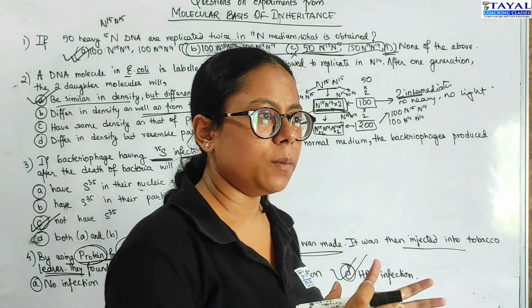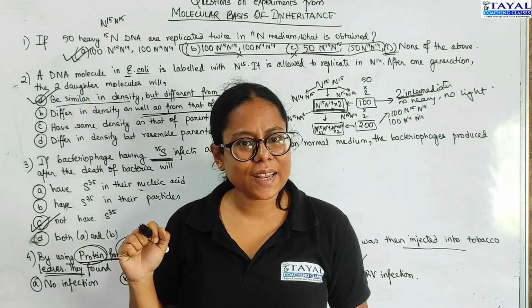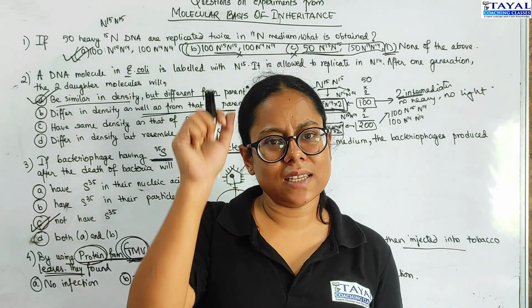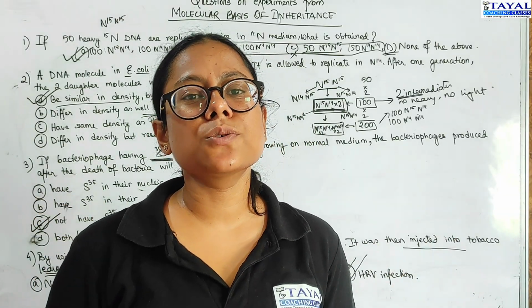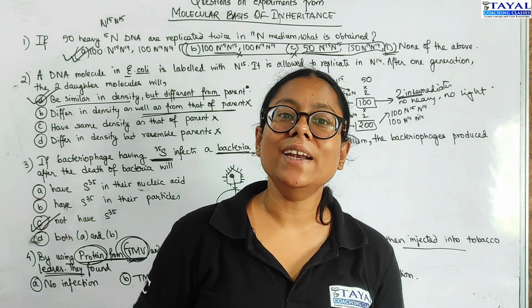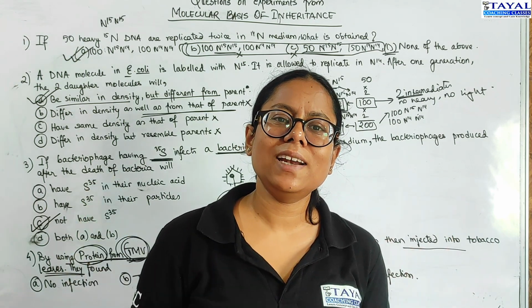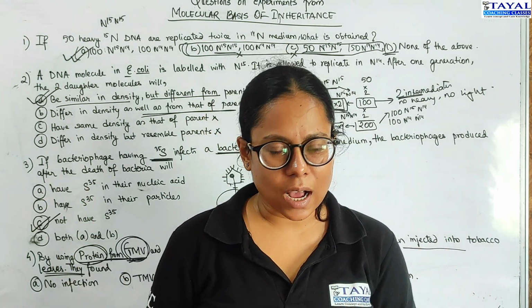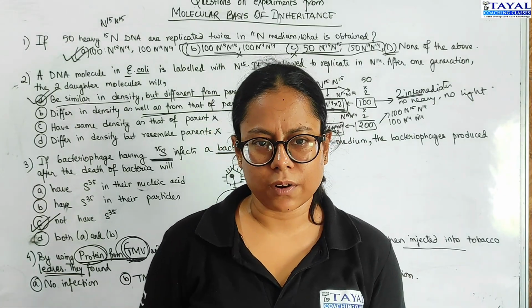So I understand it might be time consuming, so don't draw the DNA bands, but at least draw the predicted DNA results and the centrifugation results. It doesn't take much time, but it helps you score a lot more, and you have to write less. In biology, when you are writing larger answers, you should write less and draw more, because drawing more gives your answer sheet a better clarity for the teacher to read, and therefore helps you score better.